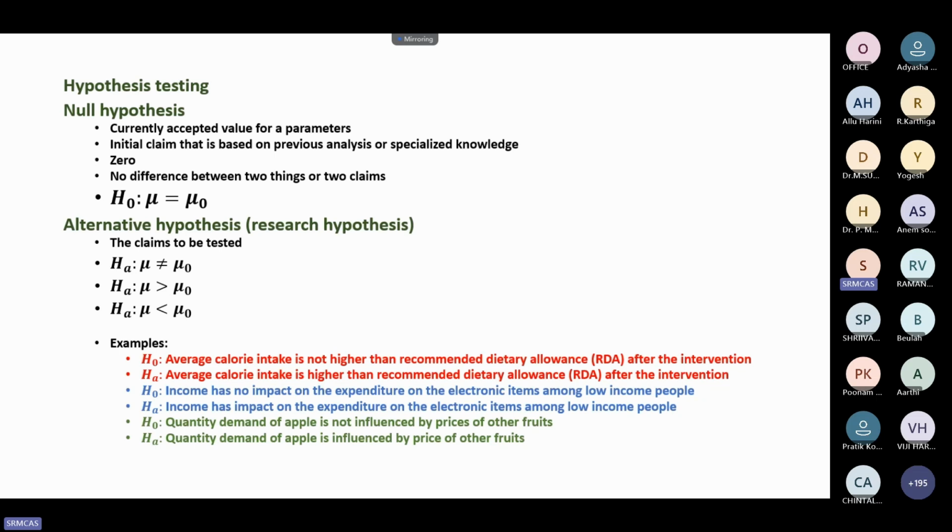When the apple price is higher in a fruit shop, we usually go for the fruit which has a lower price. So the alternative hypothesis here is that price always influences the quantity demanded of the fruits. The null hypothesis says it is not like that.